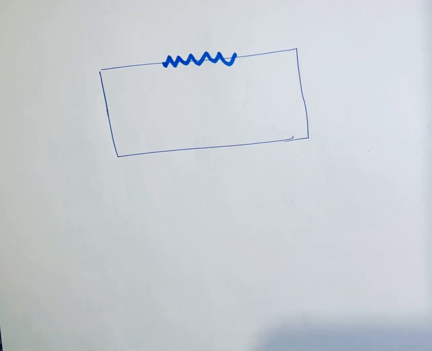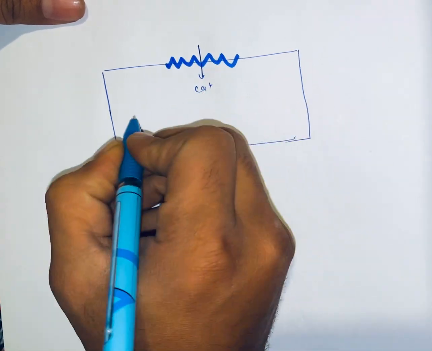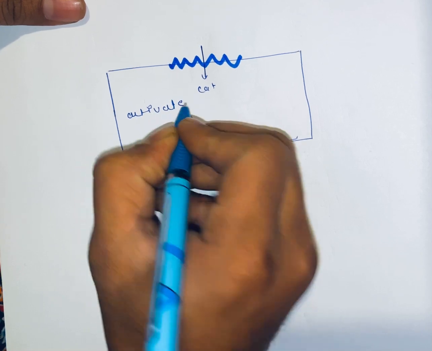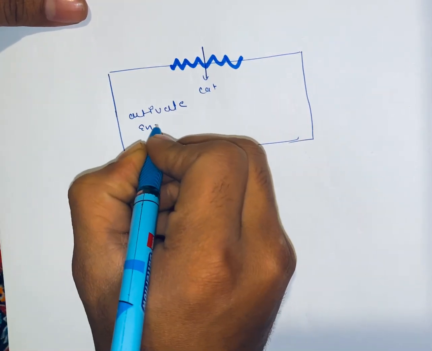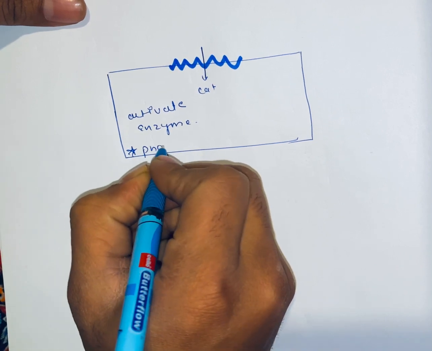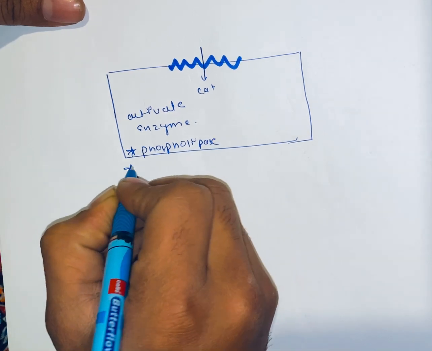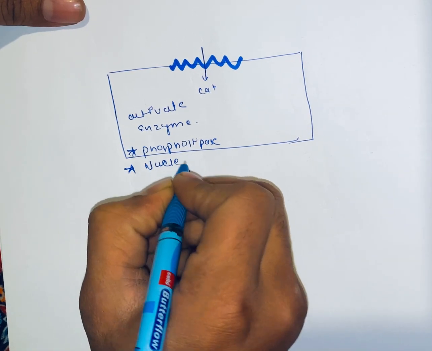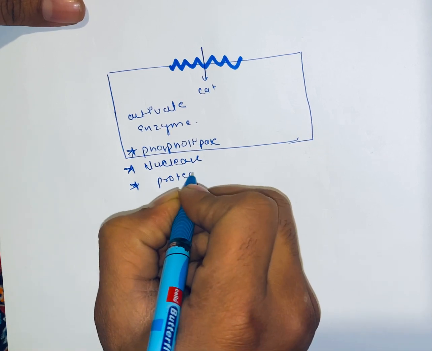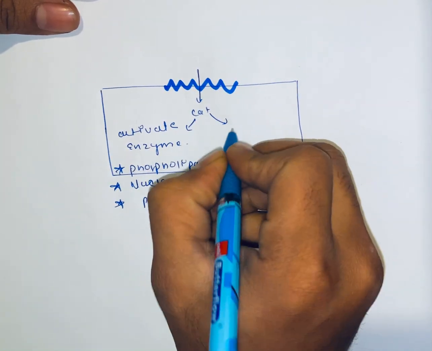So the calcium which is present surrounding the cell will come inside and activate enzymes like phospholipase, nuclease and protease, and it causes mitochondrial damage.